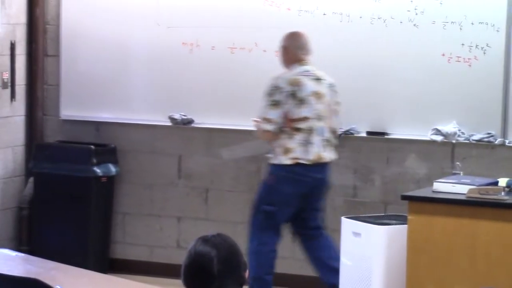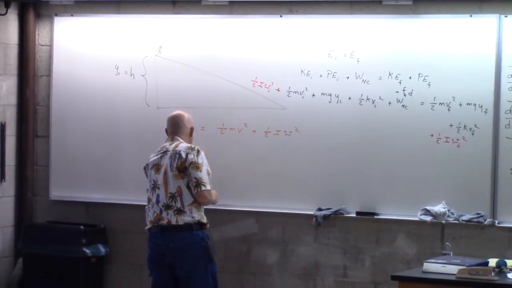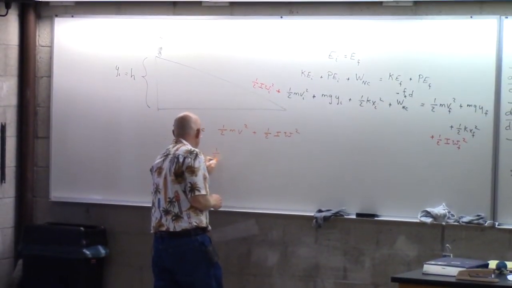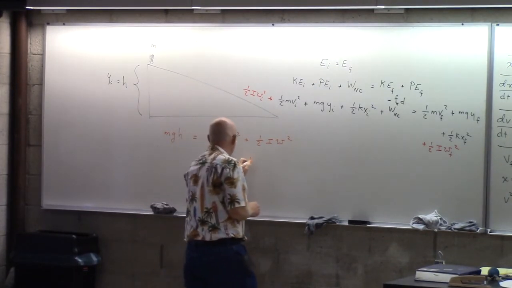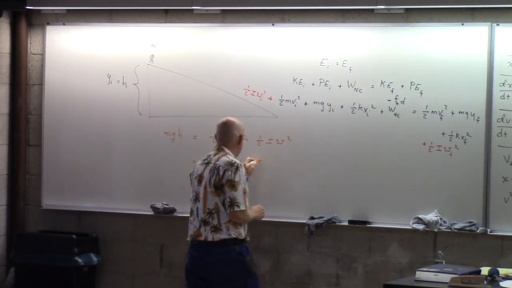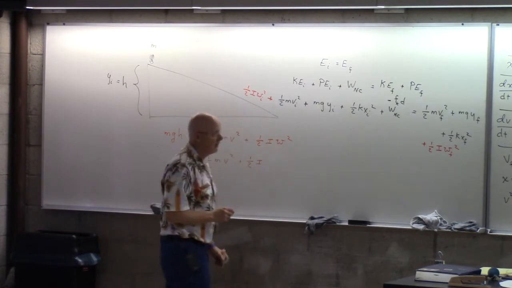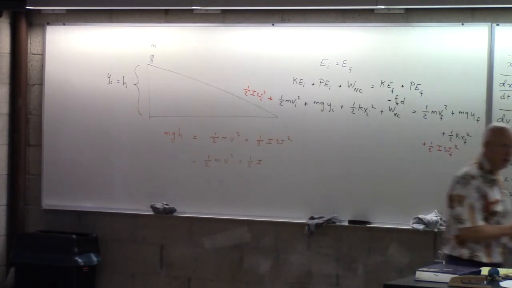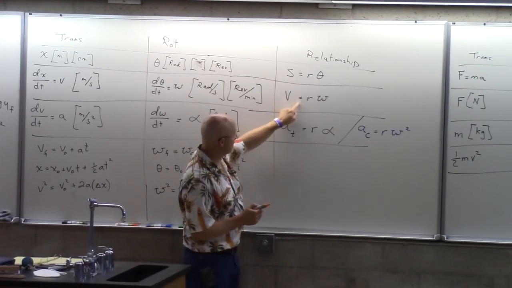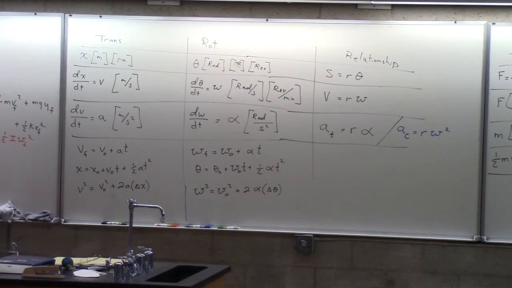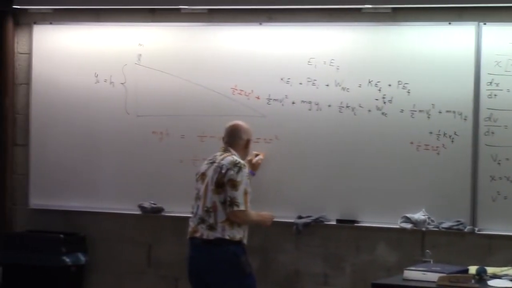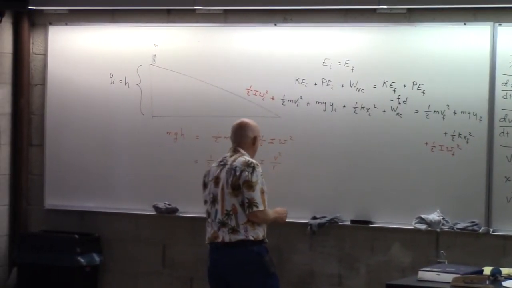So if I did something like this, 1/2 mv squared plus 1/2 I, and let me come over here. Remember, is there a mathematical connection between the translational speed and its rotational speed? I could then write this as v squared over r squared.